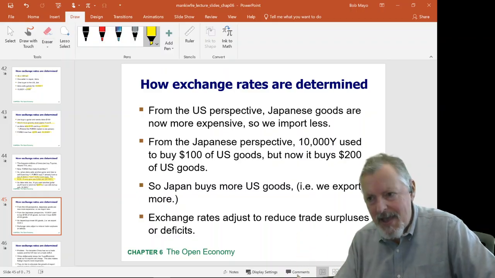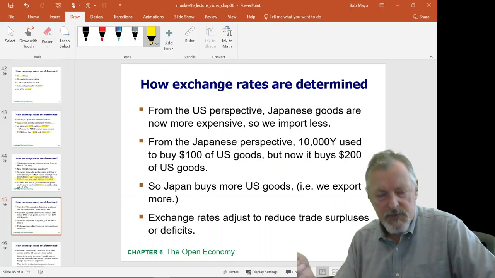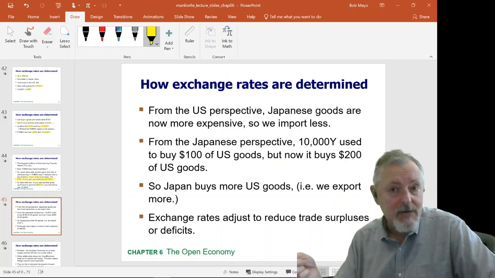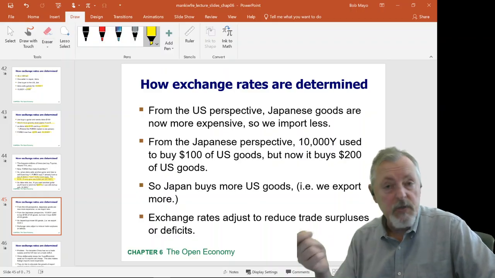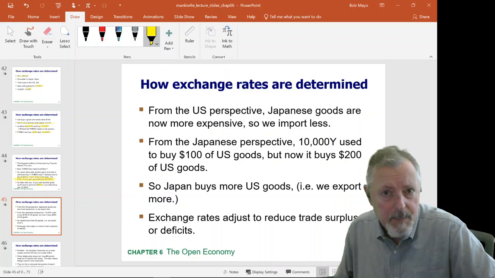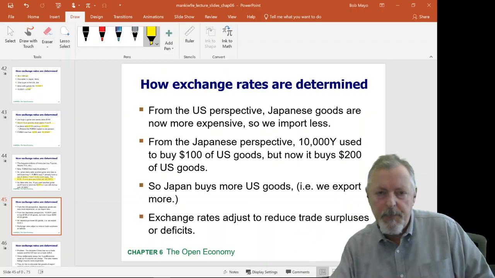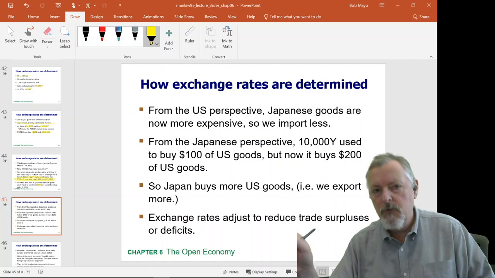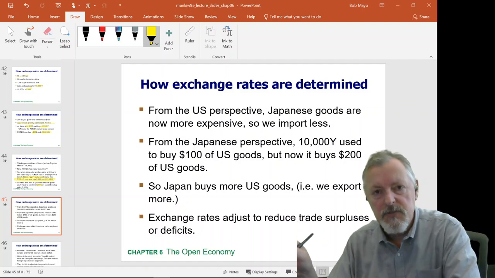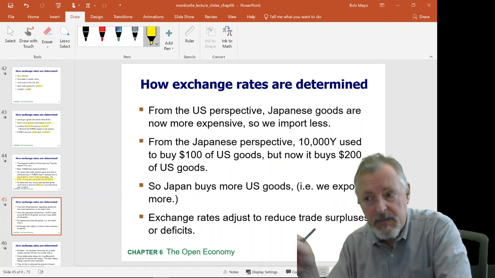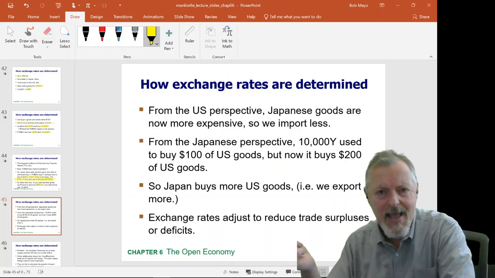So if you're in Japan, the American guitar that used to cost you 10,000 yen now only costs you 5,000 yen. From our perspective, the price hasn't changed. But from the perspective of someone using a foreign currency, American goods are now cheaper. In this case, the price has fallen in half.